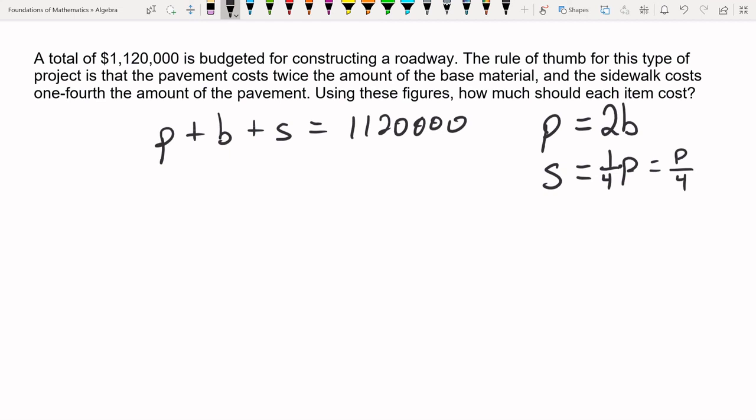But now you see we have 3 equations and 3 variables, so we can solve for this. I'm going to do that by first taking this first equation. If P equals 2B, then each of the red boxes can be replaced with 2B.